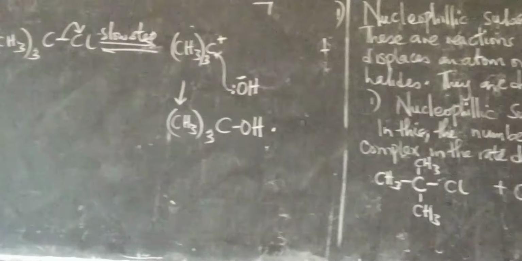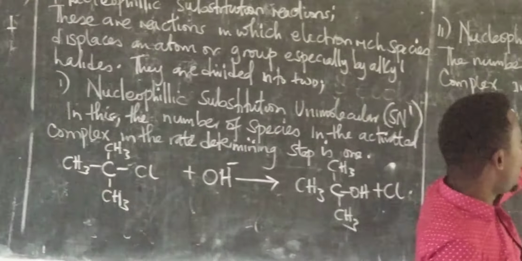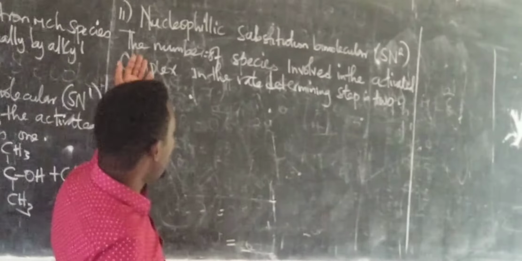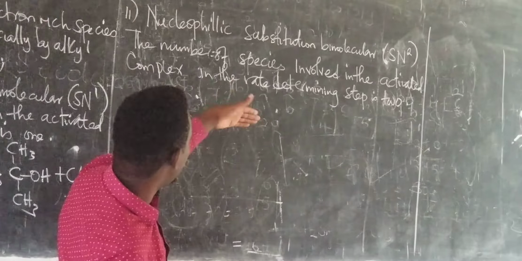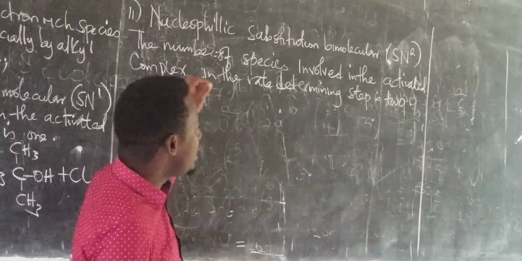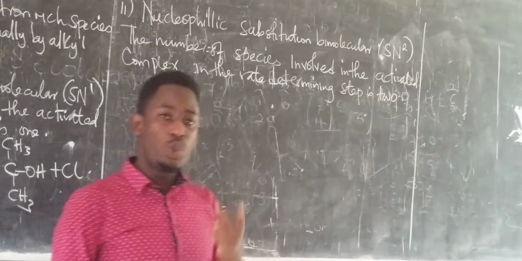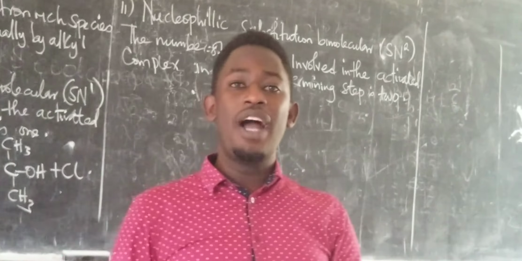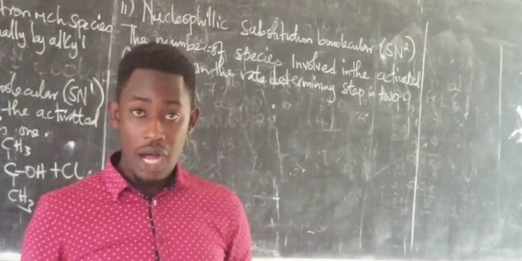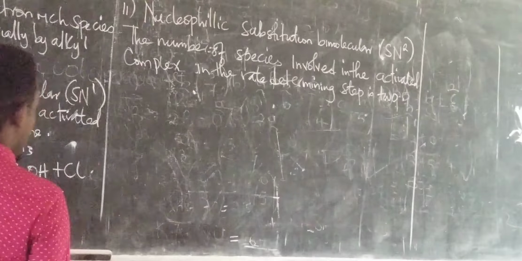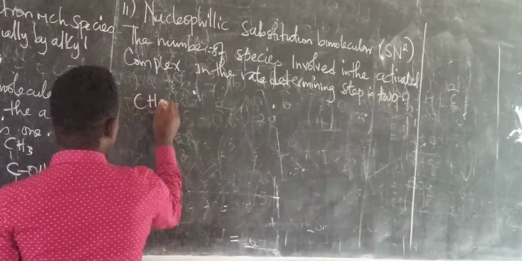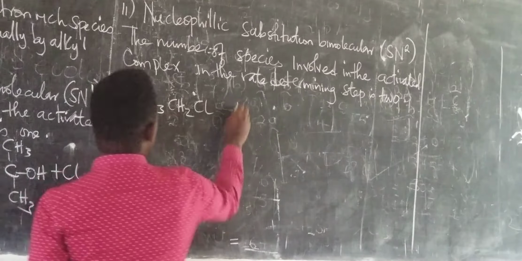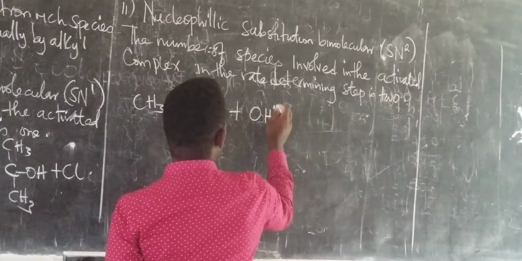We are saying that for the nucleophilic substitution reaction which is bimolecular, SN2, the number of species involved in the activated complex in the rate determining step is 2. A clear example here is if I use a primary alkyl halide, for example CH3CH2Cl, reacting still with OH.